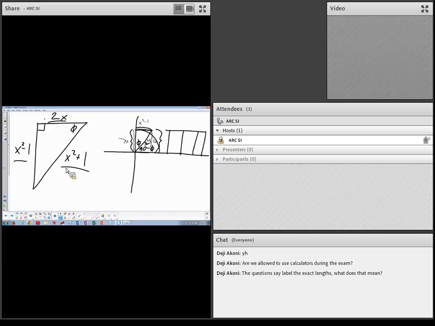Times 2. So you found cosine. Mhm. The question is find tangent. So did you find the sine? Mhm. That's probably where it's wrong.